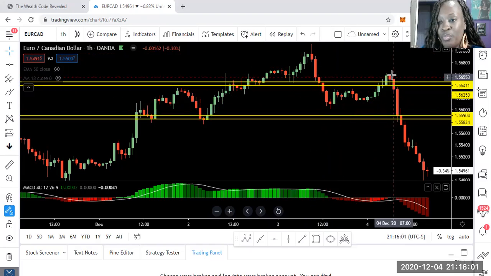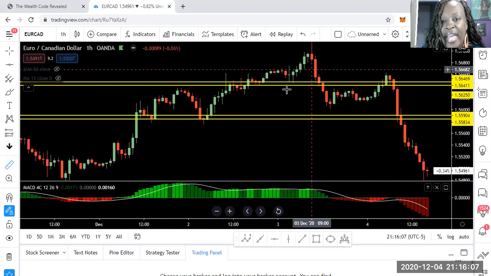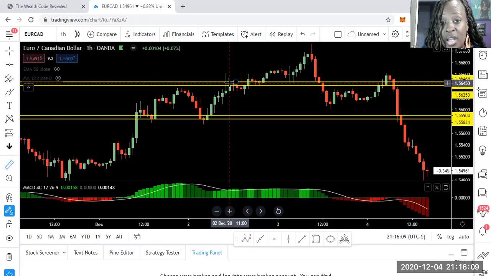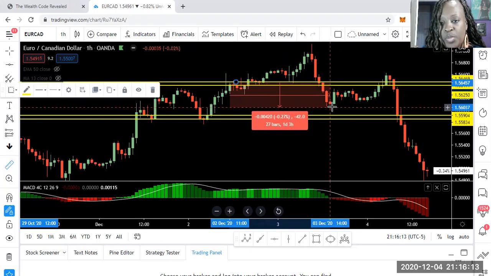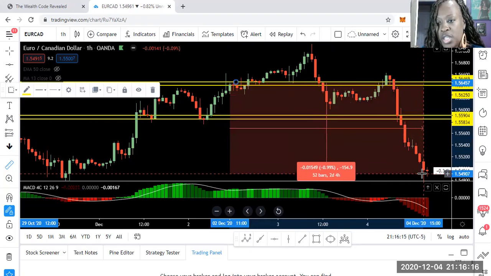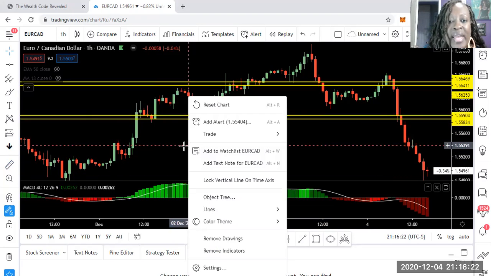Dropped. Retest. Drop. Would you have had the patience to wait that out? Had you had the patience, at this point here, 42 pips. To this point, 154 pips. Would you have had the patience to wait it out?